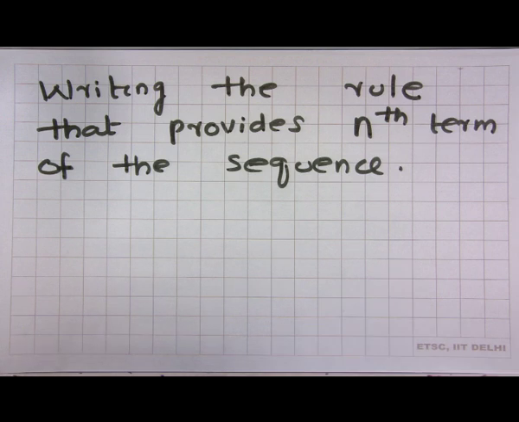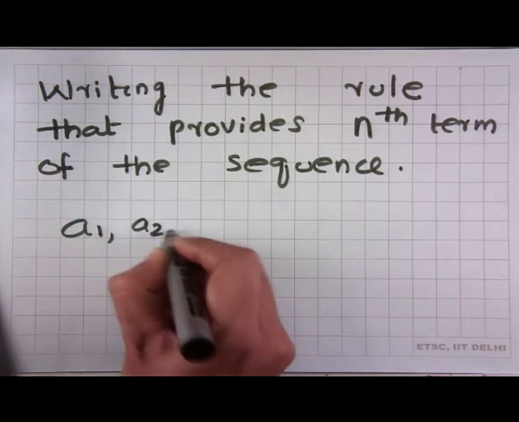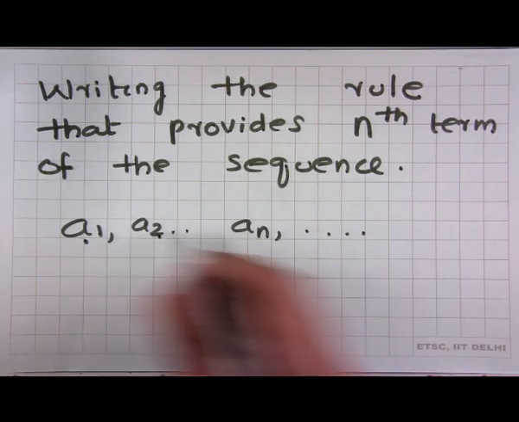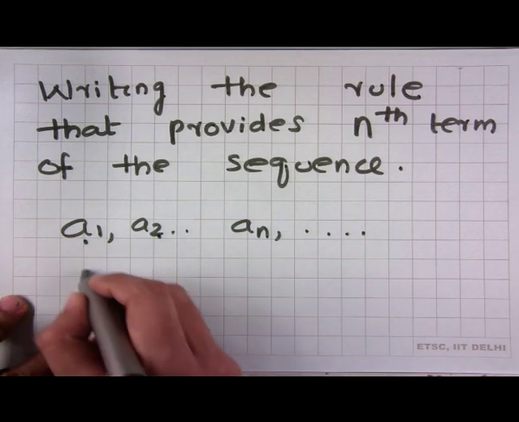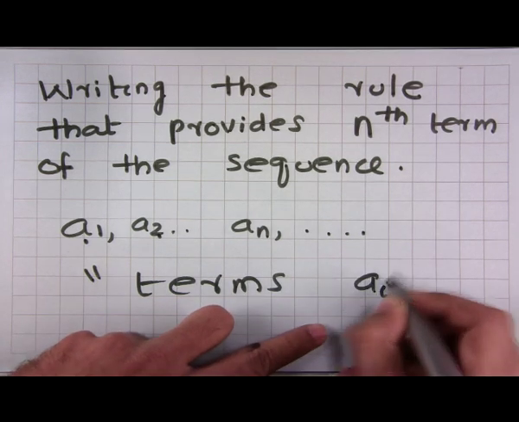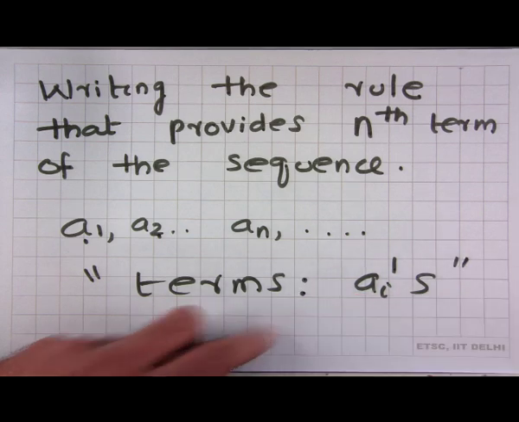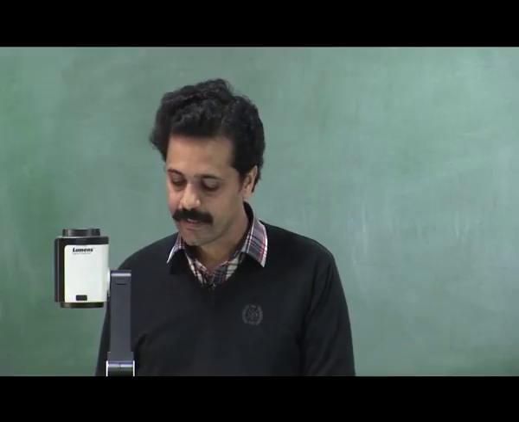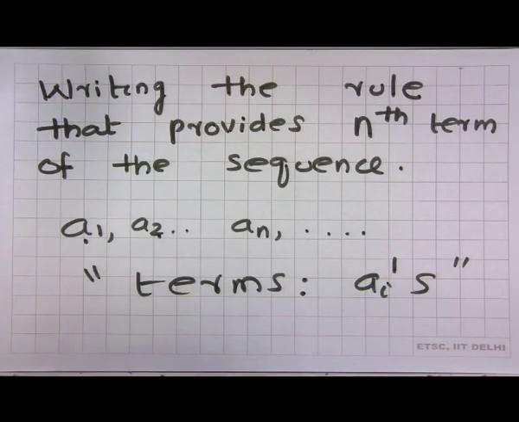By the way, when we have a sequence A1, A2, A3, etc., An, etc., those numbers are called terms. One way to describe a sequence is to write An in terms of n.